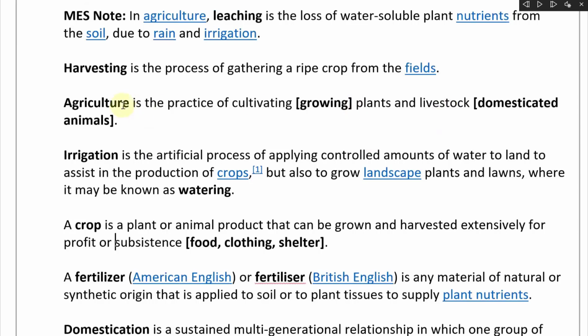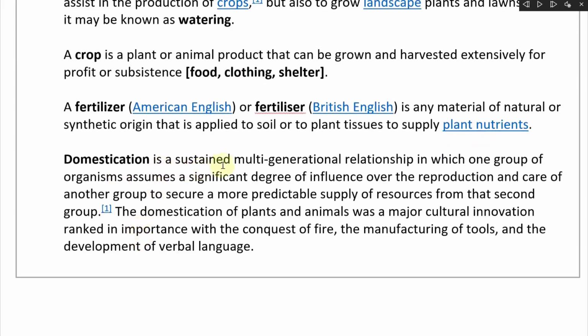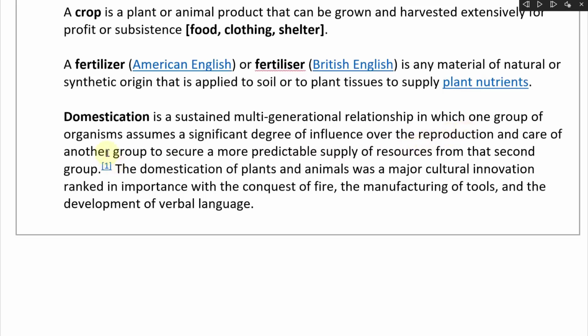Domestication, so here's a domesticated animal. Domestication is a sustained multi-generational relationship in which one group of organisms assumes a significant degree of influence over the reproduction and care of another group to secure a more predictable supply of resources from that second group.